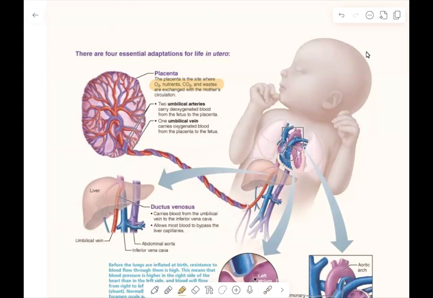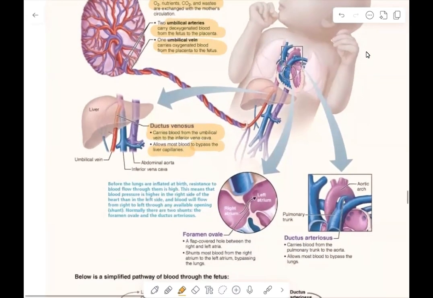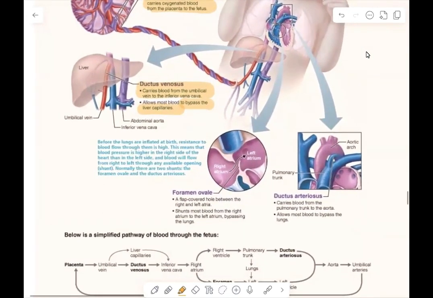So there's the umbilical arteries, which are deoxygenated blood, and one umbilical vein, which is oxygenated blood. This next bypass is for the liver. So we have the ductus venosus, which carries blood from the umbilical vein to the inferior vena cava, bypassing most of the liver capillaries. But again, those liver cells are still receiving, they're being exposed to blood.